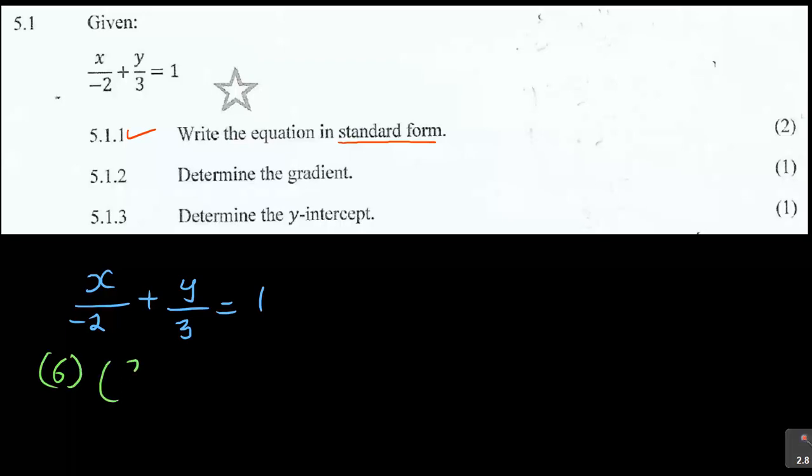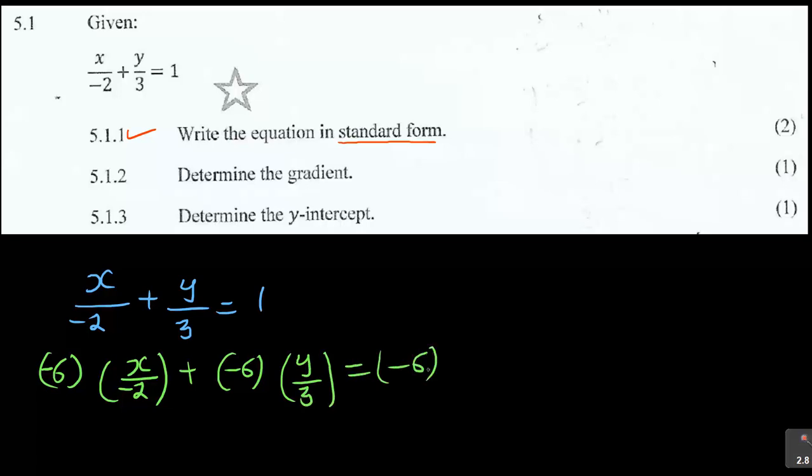Actually, I'll use negative 6, because I've got a negative 2 there. Negative 6 times x over negative 2 plus negative 6 times y over 3 is equal to negative 6 times 1. Are you seeing what I'm doing?